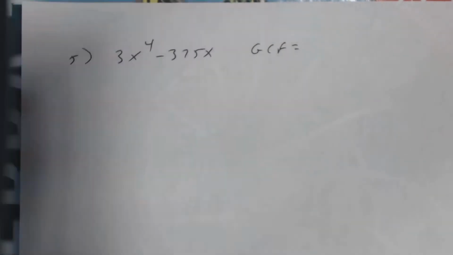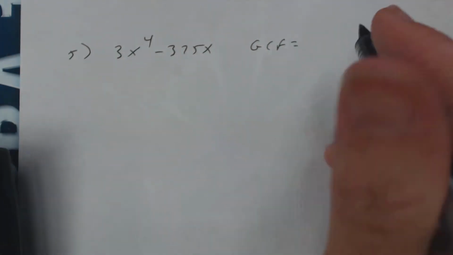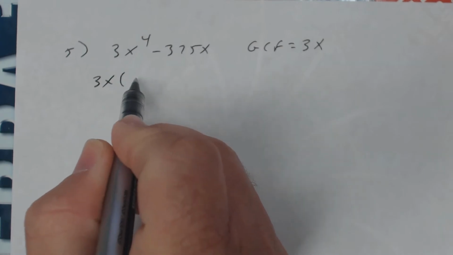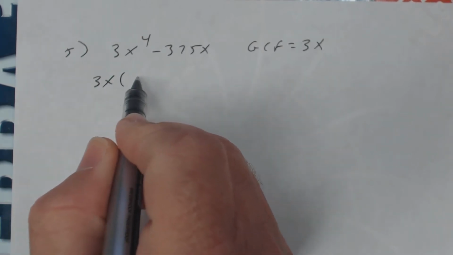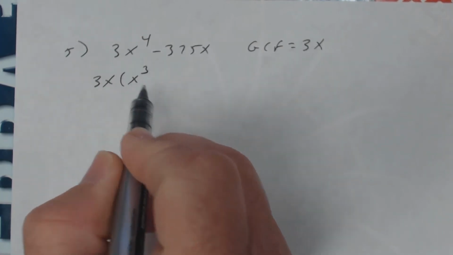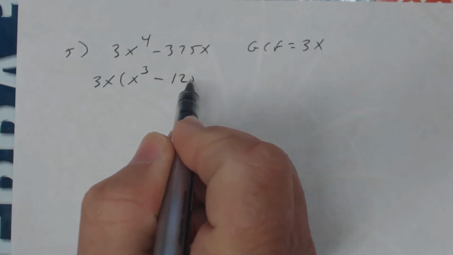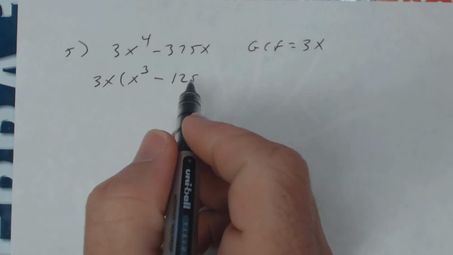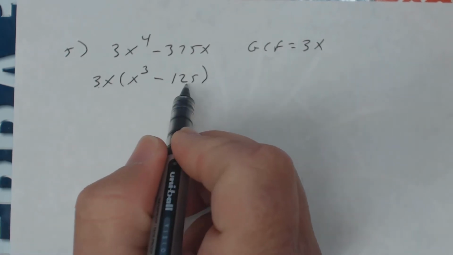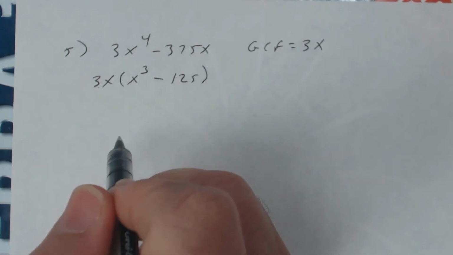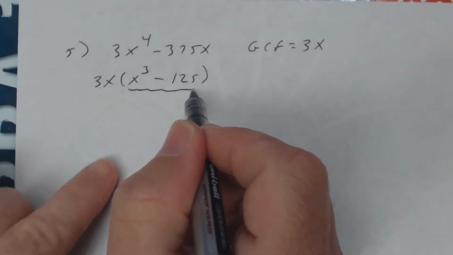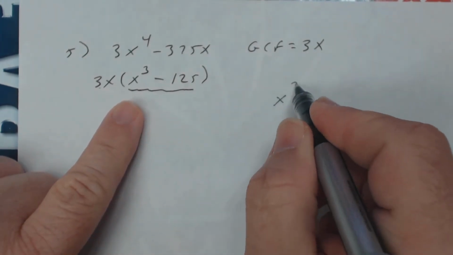That's 125. So my GCF is going to be 3x. So you're going to say 3x times x cubed is 3x to the 4th, minus 125. 3 times 125 is 375, and so 3x times a negative 125 is a negative 375x. Then remember you have to look at that parentheses and see if you can factor it further.